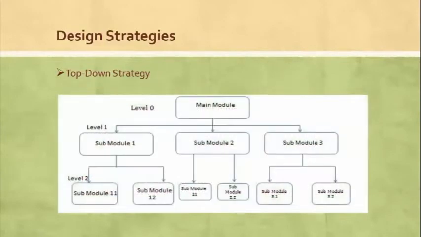So we have here a sample illustration of the top-down strategy. It starts with the main module, level 0, followed by level 1, submodules 1, 2, and 3, and level 2, which is submodules 1.1, 1.2, 2.1, 2.2, 3.1, and 3.2.